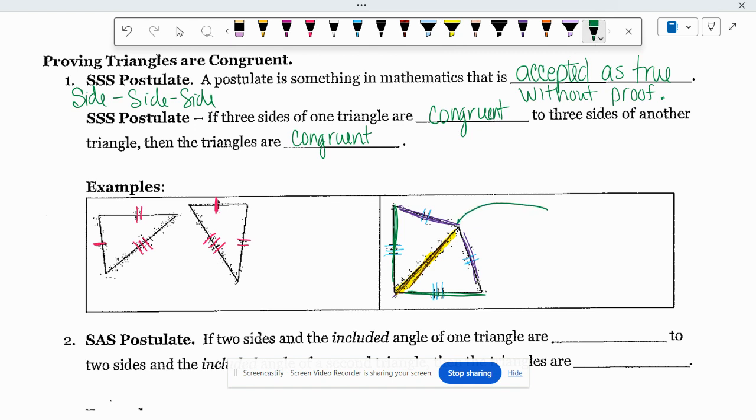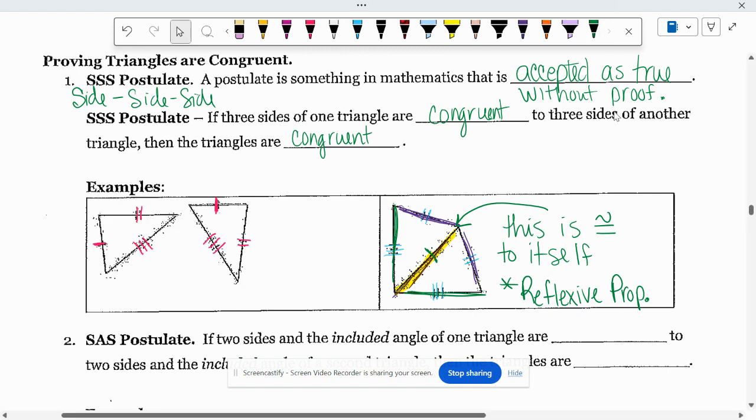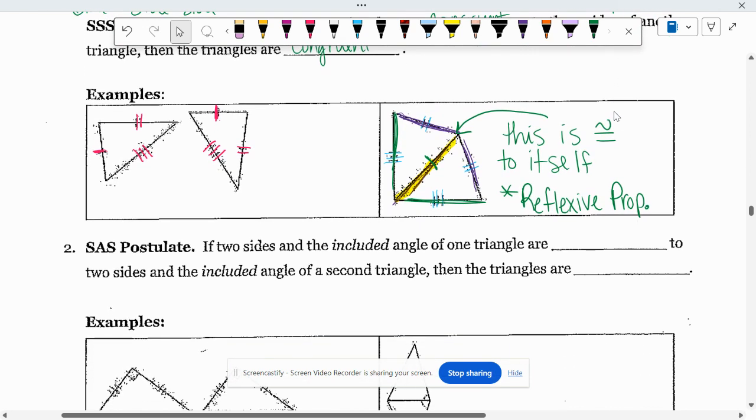So I'm going to draw a little arrow that says this is congruent to itself, and put one congruent mark on it. There's a property that we use, and it's called the reflexive property. Because you're going to have to use that. We're going to do some proofs, so you need to know that.